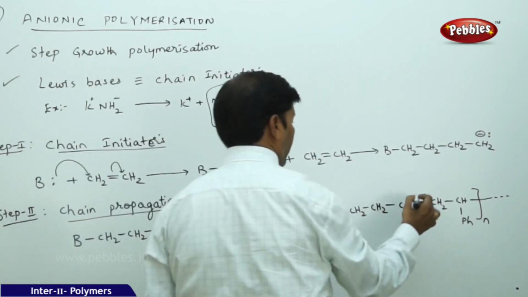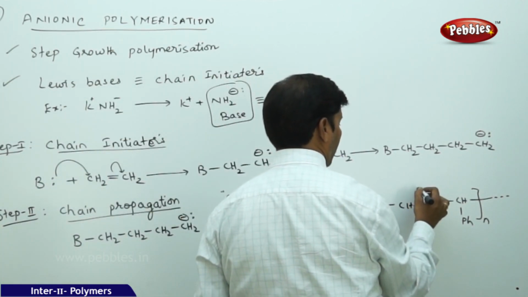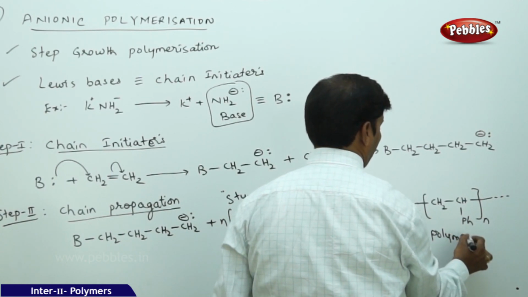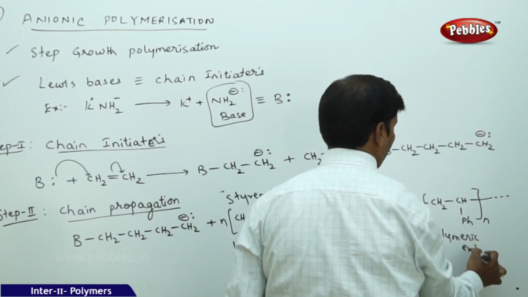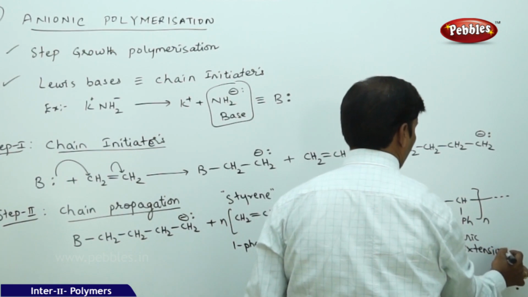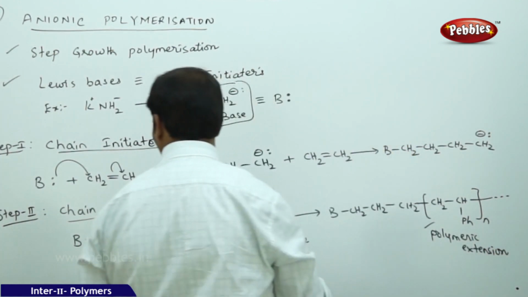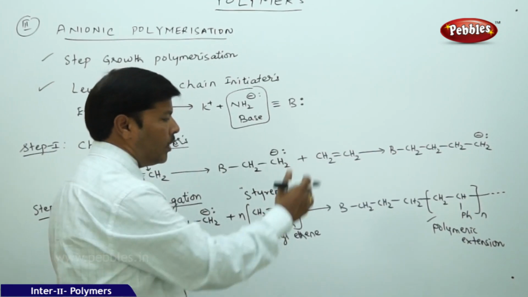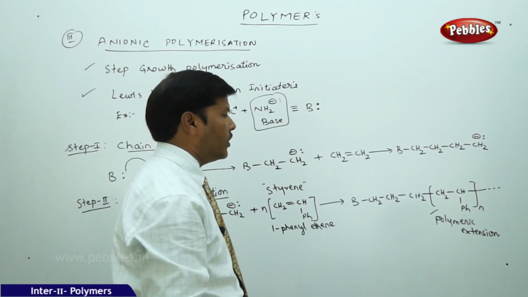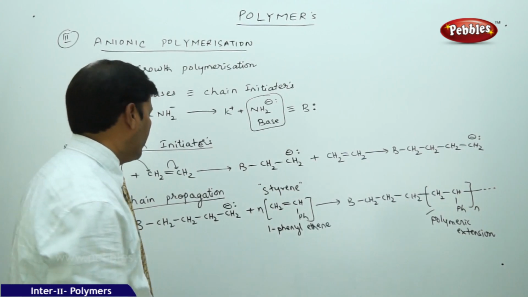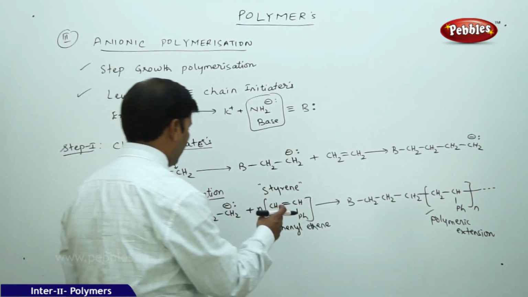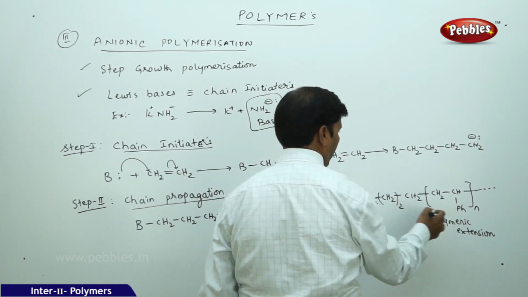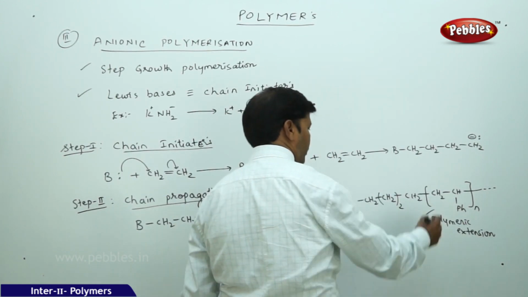This is the polymeric extension that is observed here. And finally, in the chain termination, we'd see a new bond formed for the polymeric extension. If you look into the chain propagation, here I have taken it twice, and this is the polymeric extension.